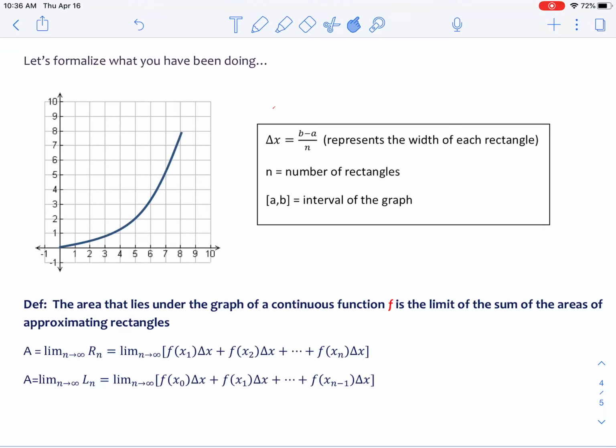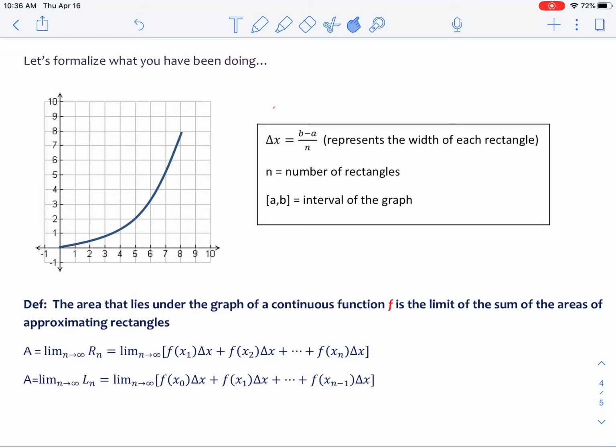The limit as the number of rectangles approaches infinity of f of x sub i, so that would be the height, times delta x, which is defined in the box above to be the width of each rectangle. So b minus a over n, where a and b are the interval of the graph. So in the case that we did, it would be 0 to 8, so 8 minus 0 divided by the number of rectangles.